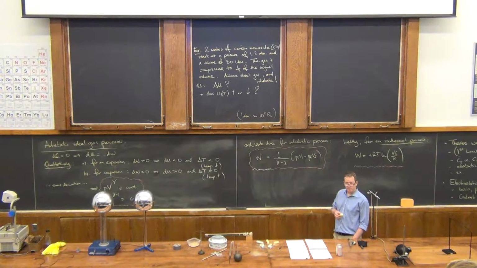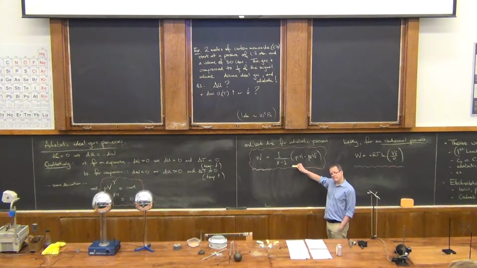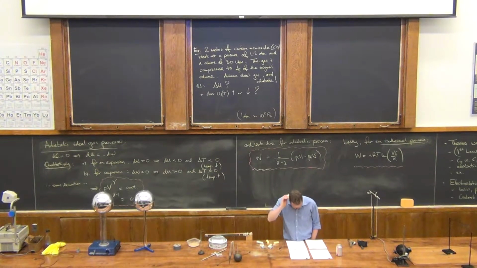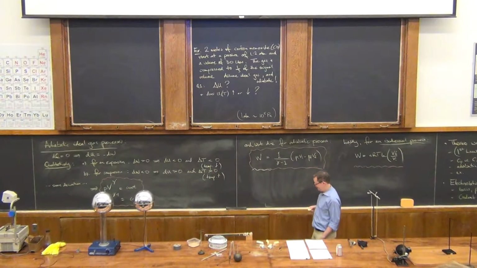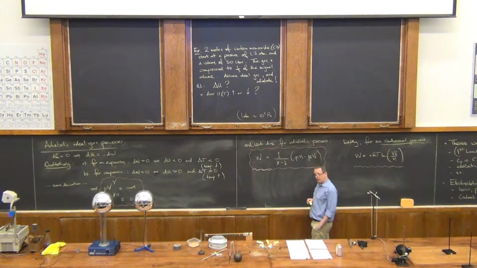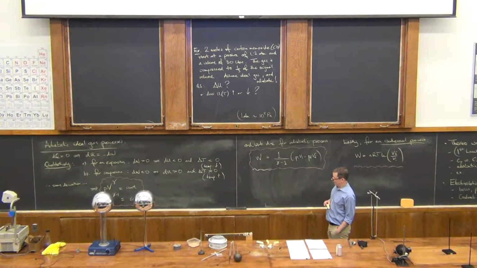We have that equation for work, and we have everything besides PF, which we can find using PI V to the gamma equals PF V to the gamma. There's not much more to it than that.